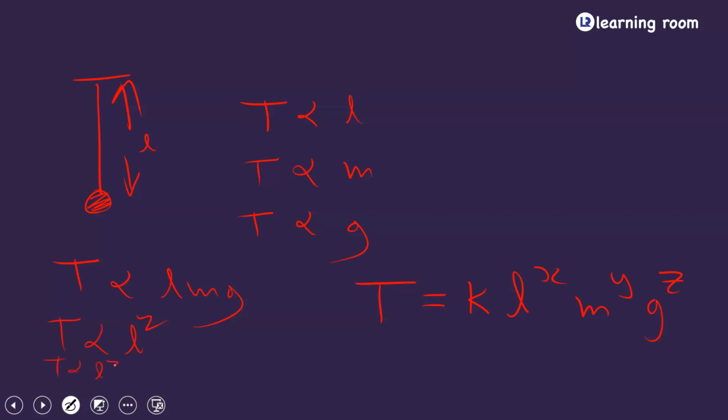I know it's proportional to L, but by how much? It could be L times L, or whatever. So I put x, y, and z, and x, y, and z can also be 0, and can be any value. Is this clear?